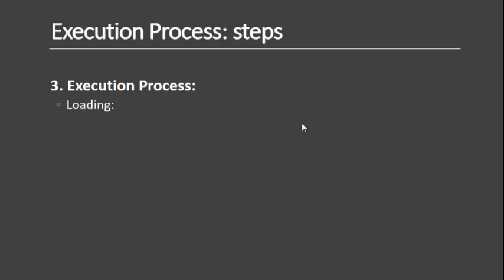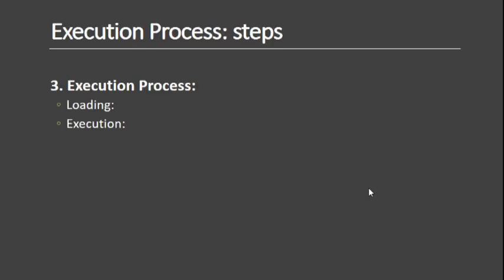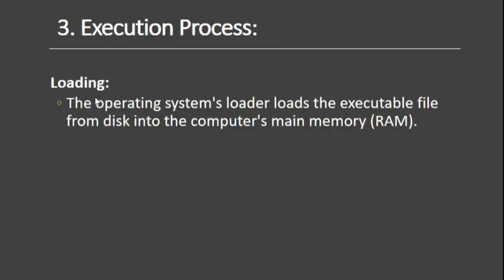The next phase is the execution of the program, that is, loading, execution and output. Because, as I told you, after compiling and linking, the executable .exe file is generated and stored in the hard disk, so we need to load it.